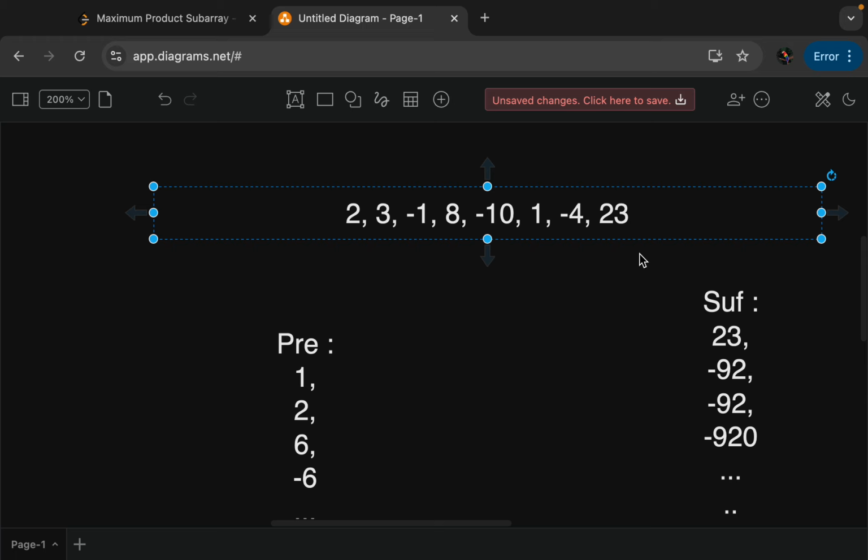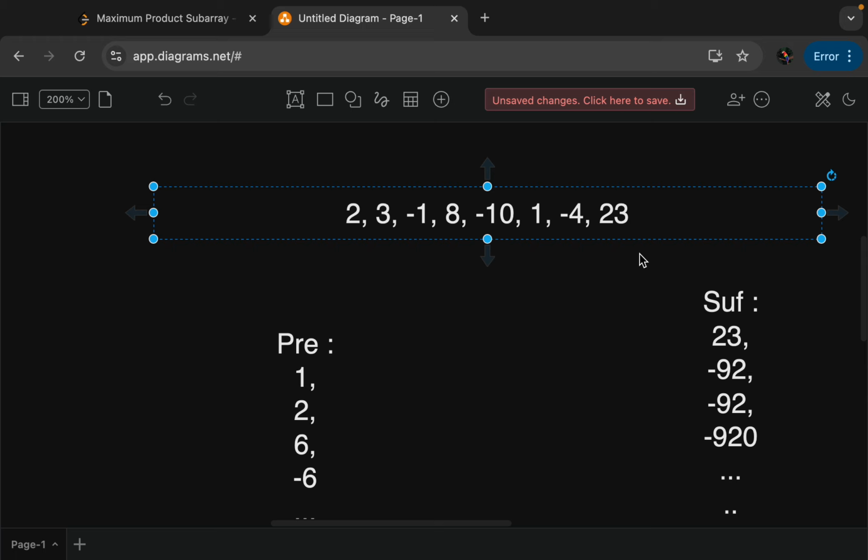In case the number of negatives is odd, then we simply need to exclude one of the negative numbers, and that would produce a subarray that has the maximum product. So these are the three things that we need to keep in mind.